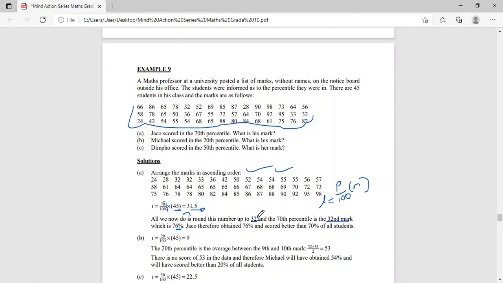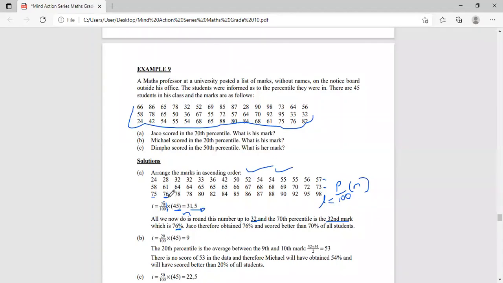So I count: 1, 2, 3, 4, 5, 6, 7, 8, 9, 10, 11, 12, 13, 14, 15. The total number in the first row is 15. Second row, 15 more, so it states 31, 32.